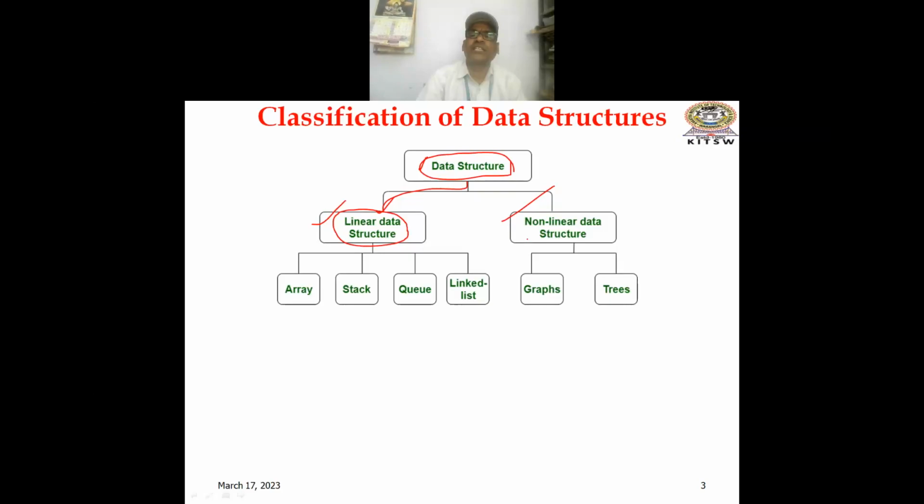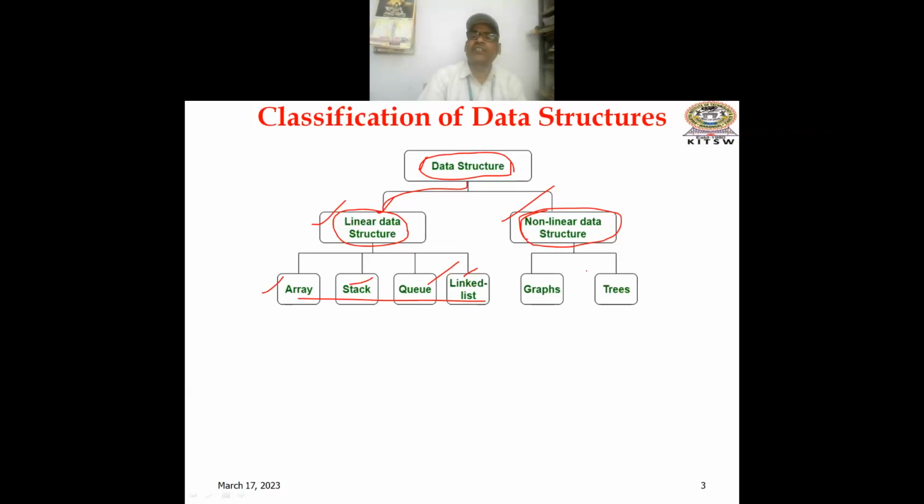If you are organizing the data in any other form except the linear form, then it is called a non-linear data structure. The examples for the linear data structures are arrays, stacks, queues, linked lists, where the data will be organized in a sequential manner.